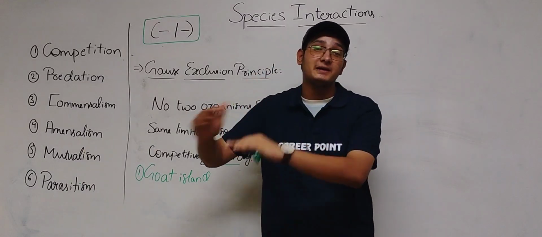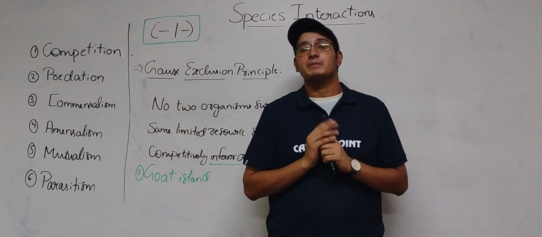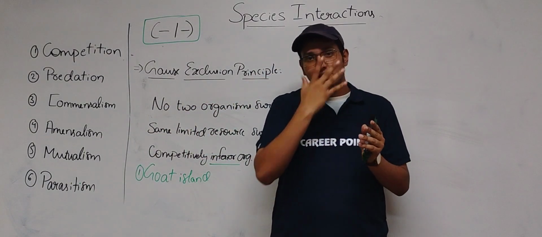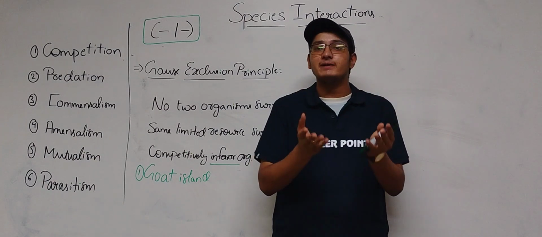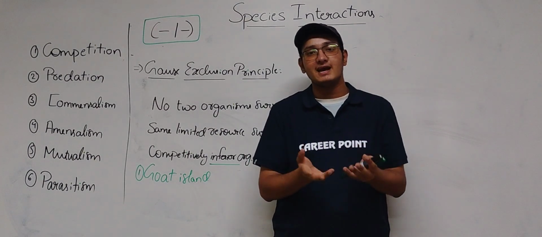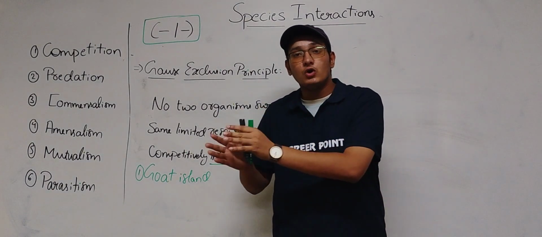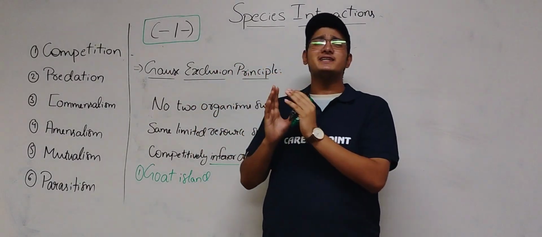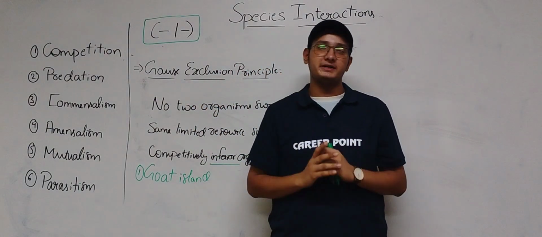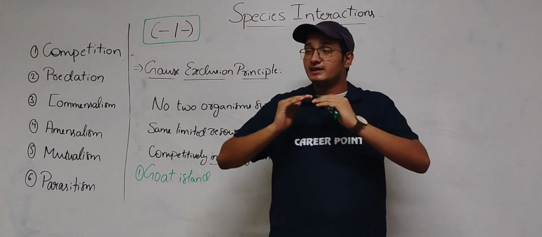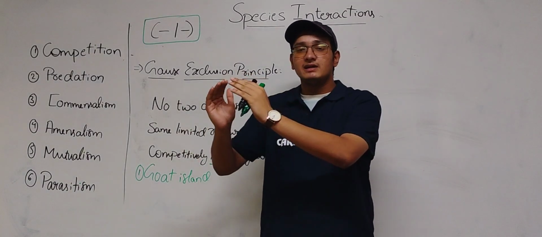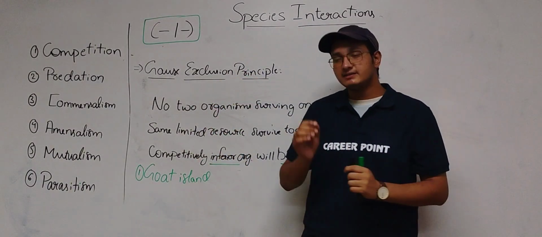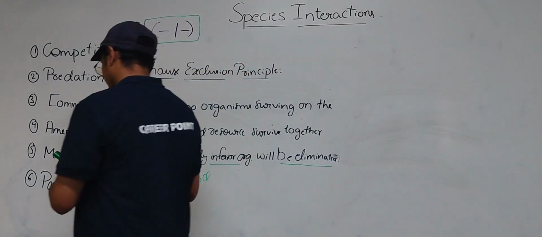It became extinct. Why? Because goat and tortoise feed on the same limited resource, grass. So the goat became the superior competitor and the tortoise became the inferior competitor, and the goat stays there and the inferior one got eliminated.